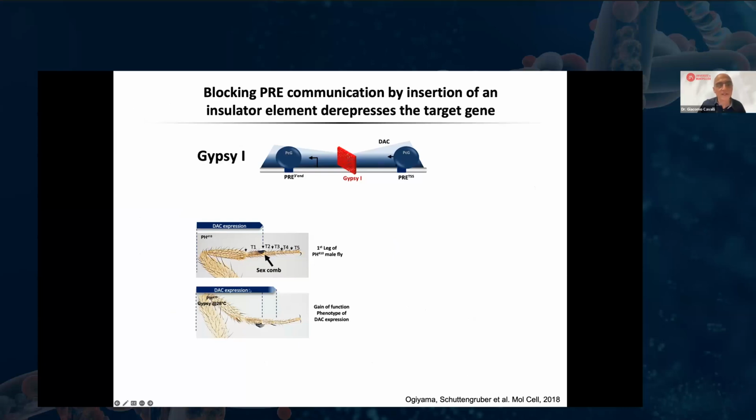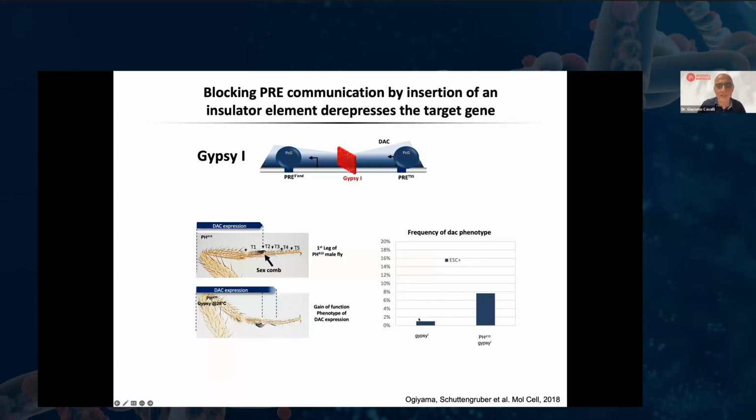And if the gene is overexpressed, you see extra traits in the distal part of the leg, which you shouldn't normally have. And when we insert this insulator, what we see is that in a fraction of the flies, you start to see this structure, which you shouldn't see. However, as you see, this is only a minority of the flies.